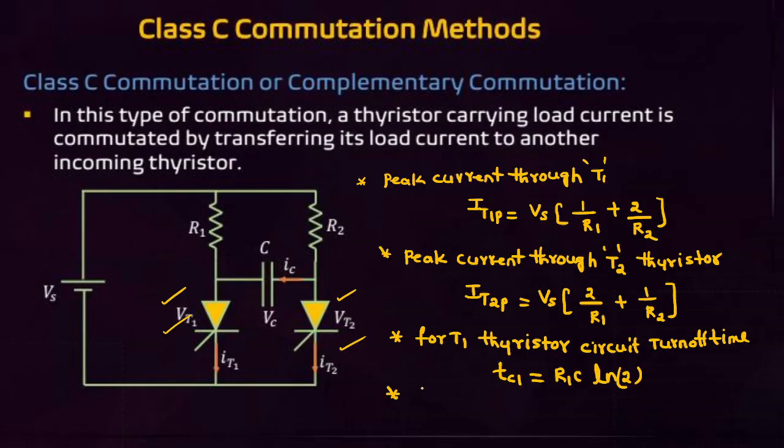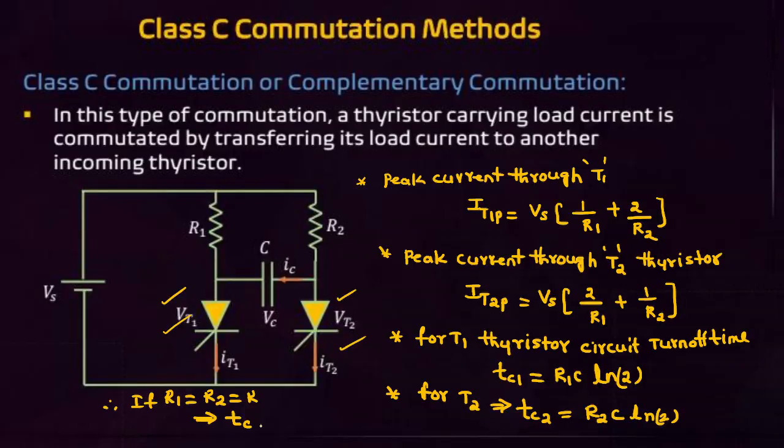For the T2 thyristor, TC2 equal to R2C into ln of 2. If R1 equal to R2 equal to R, both resistances are equal, then circuit turn off time equal to RC into ln of 2. Based on this formula, a GATE question already exists, a repeated question. For your exam also, it may be repeated, so remember it.